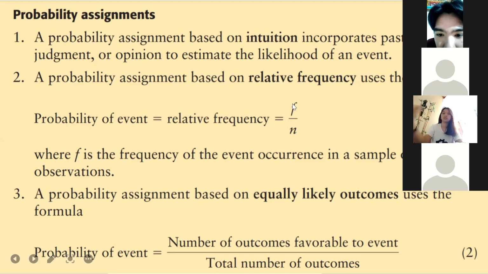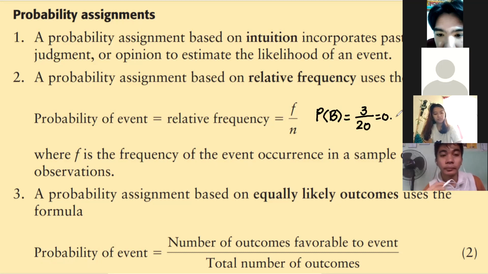So we want to know the probability of getting blue sa M&M, which is we have 3 blues sa M&M and the total number is 20. 3 over 20 in decimal, that is 0.15.